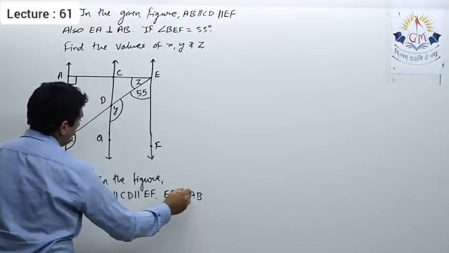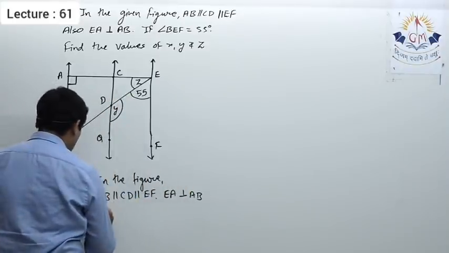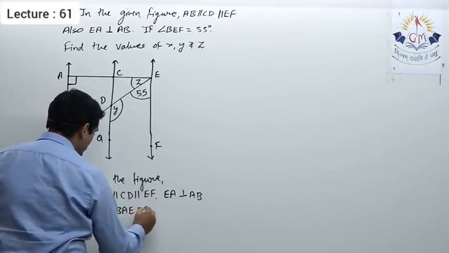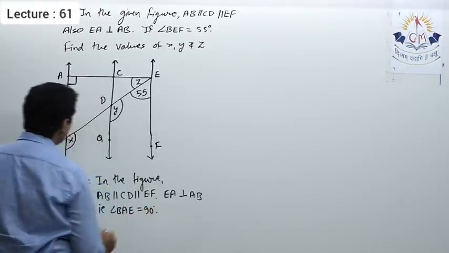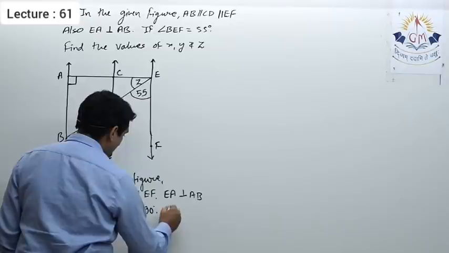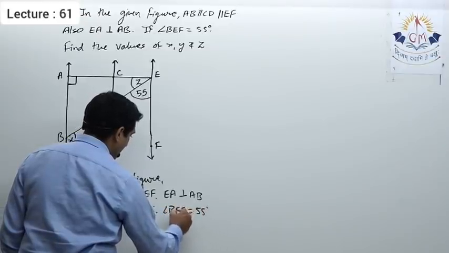So EA perpendicular AB means angle BAE is equal to 90 degree. Further it is given angle BEF is equal to 55 degrees.